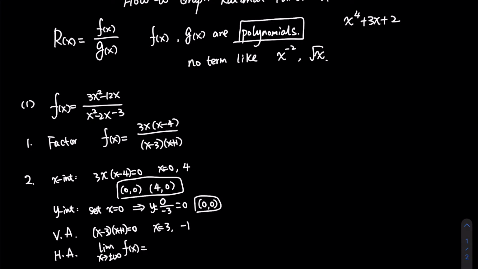We look at the power. The power here is 2 and 2. They're the same power. So the limit equals 3 over 1 equals 3. So y equals 3 is a horizontal asymptote. Because the power is the same, there will be no slant asymptote.